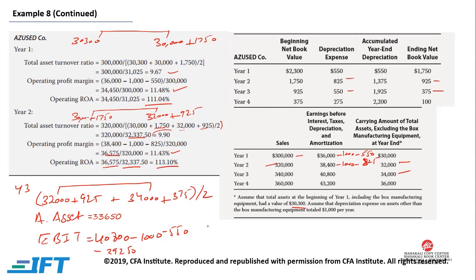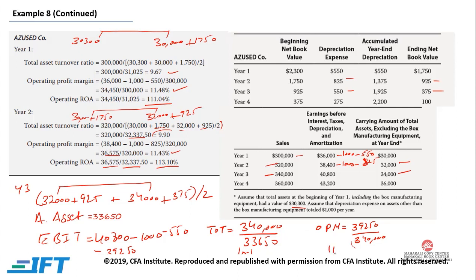Now for your total asset turnover, revenue, that is your 340,000, over average asset, that is your 33,650. So 340,000 divided by 33,650 equals 10.1. Your operating profit margin would be EBIT, that is your 39,250, divided by revenue, that is 340,000.